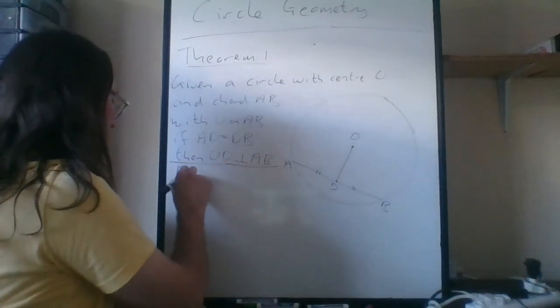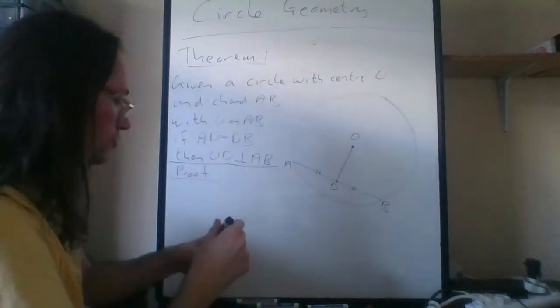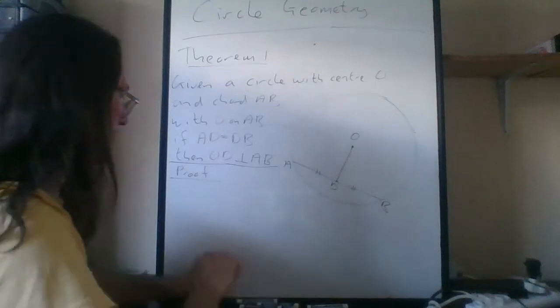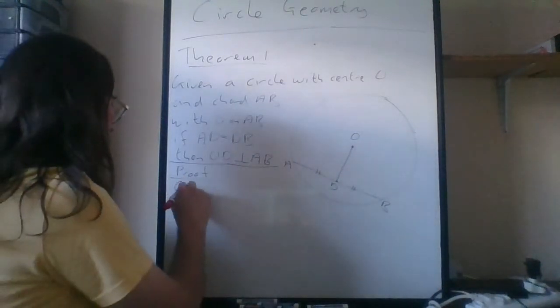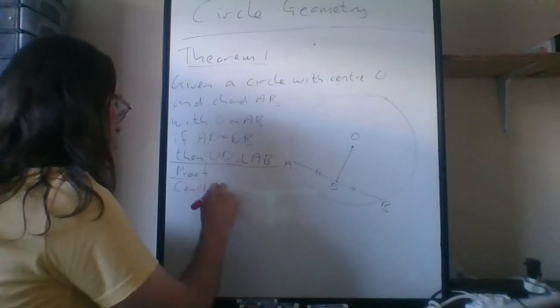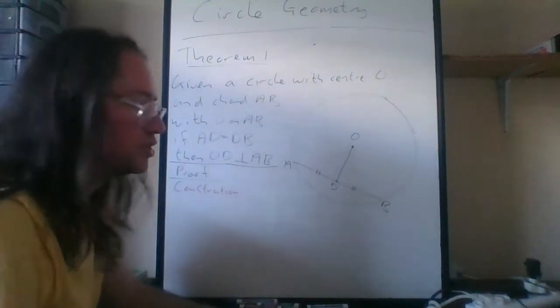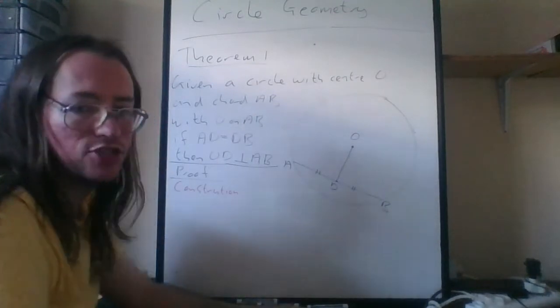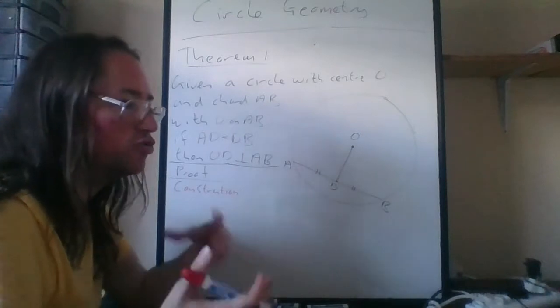Okay, proof. Our first part of the proof will be a construction. This is different than the ruler and compass construction. This means adding things to a sketch. So you get 2 different types of constructions. One is making constructions by ruler and compass.